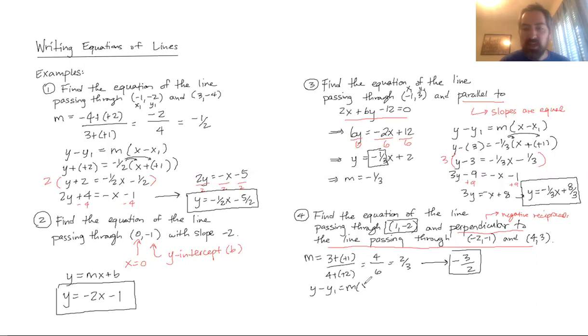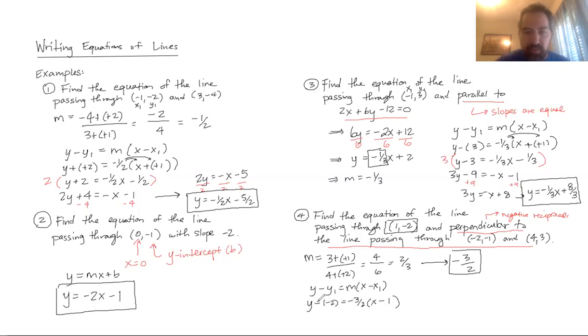Everything becomes the same once we find the slope. It's all the same procedure as what we've seen in the previous examples. So y minus y1, which is -2, equals m, which is -3/2, times x minus x1, which is 1.